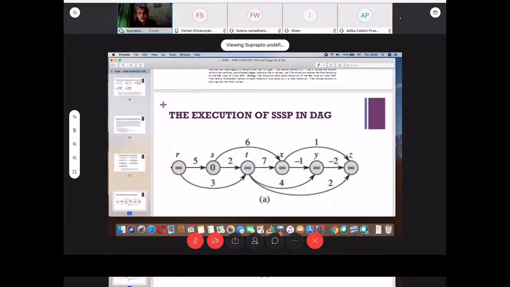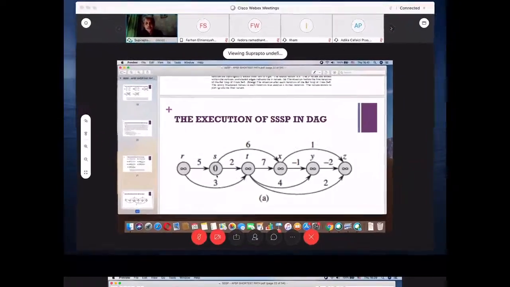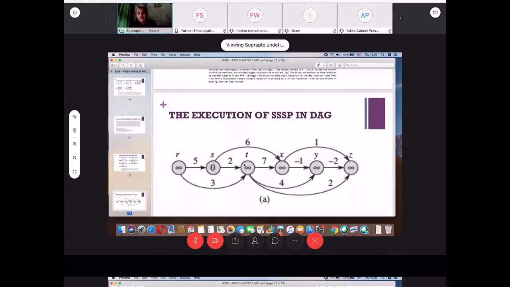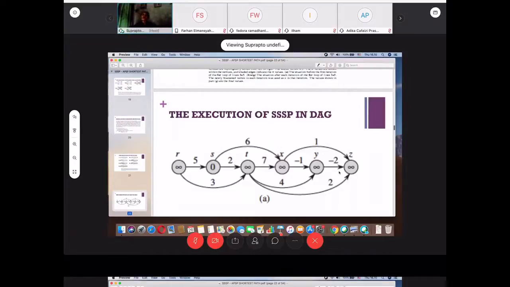For example, R before S, S before T, T before X, X before Y, X before Z, etc., and Y before Z. And after initialization, you can see that the label in the circle of each vertex is still infinite, right?